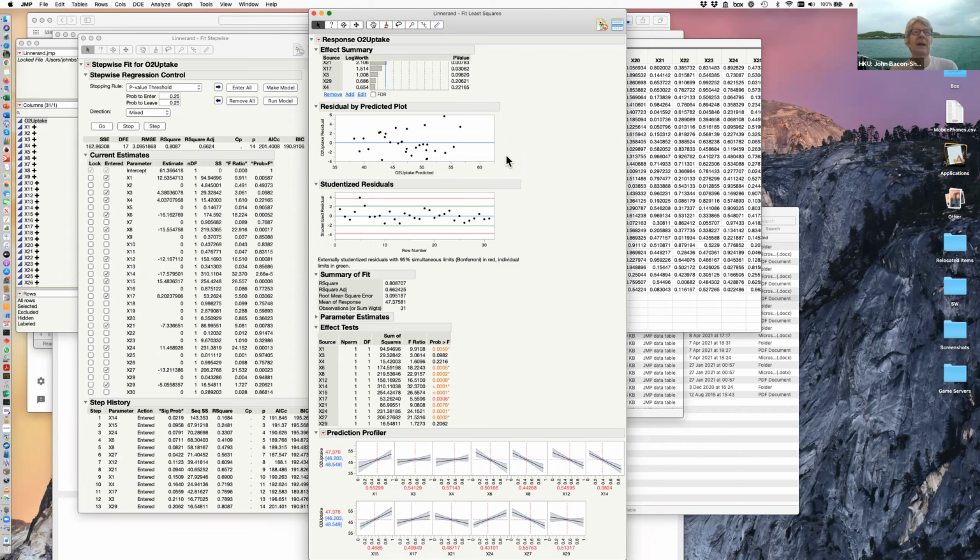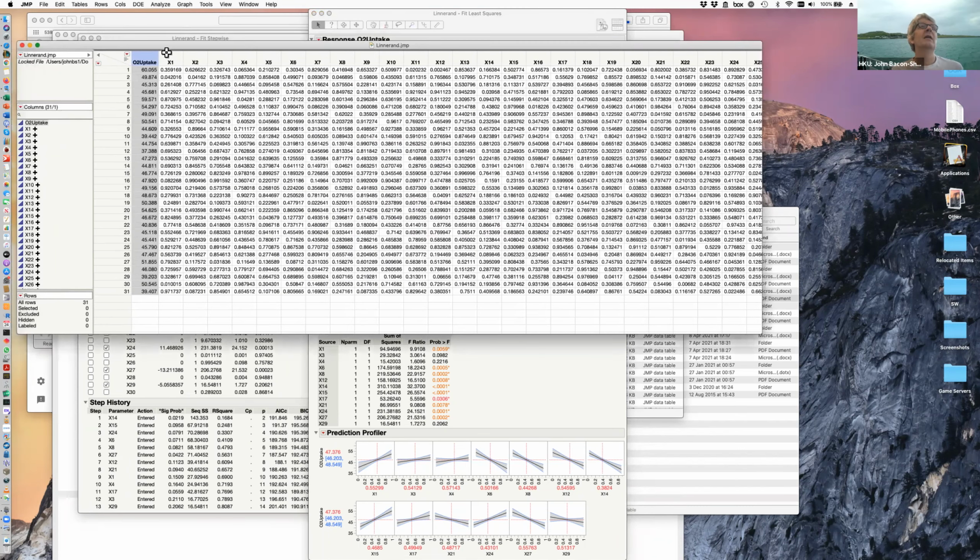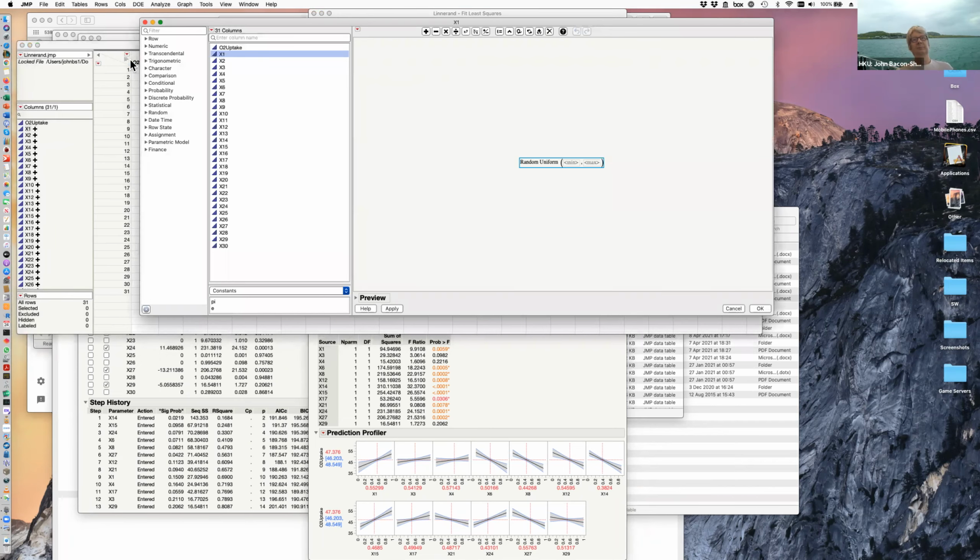Okay, so what's the conclusion from this? The conclusion is apparently I can find a useful model based on this overall assessment. So what's the problem? Well, the problem is, if you now go back and look at the data set, click on X1, go to columns and formula. If you look at X1 columns formula, you'll see the formula says random uniform min-max.